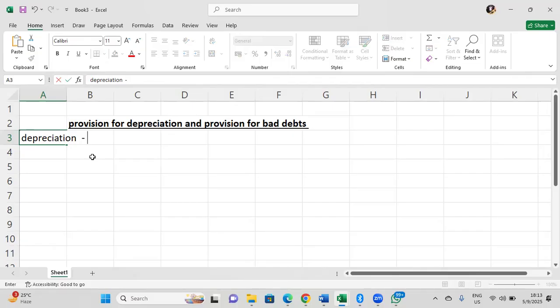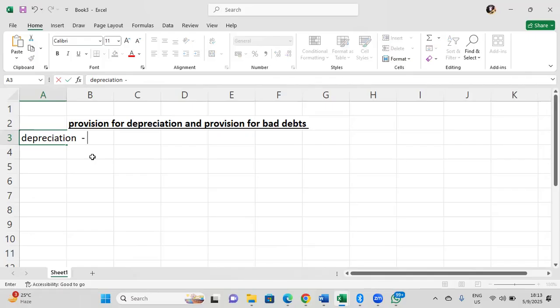Then also the value can reduce because of time. If you buy a brand new motor vehicle and you just park it in the garage for 10 years, you cannot sell it at the same price. Even if there was no wear and tear, the value can simply drop because of the time factor, because now it's outdated. There are new versions which are in place.